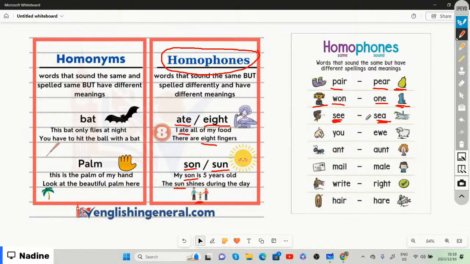And I'm going to do one more. Then we have ant, which is those small little insects that come when we leave sweet things on the floor or on the counter. And then we have aunt, right? Your aunt, which is your mom's sister or your parents' sister.